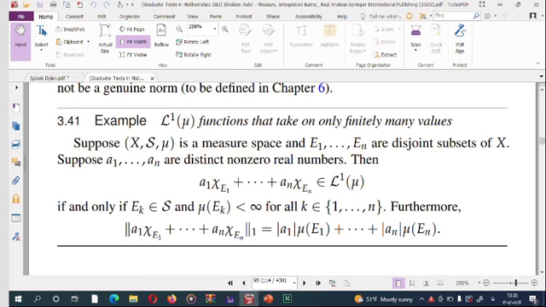Then this function, a linear combination of characteristic functions, belongs to L1 if and only if all of these sets belong to S and mu of Ek is finite for all k.